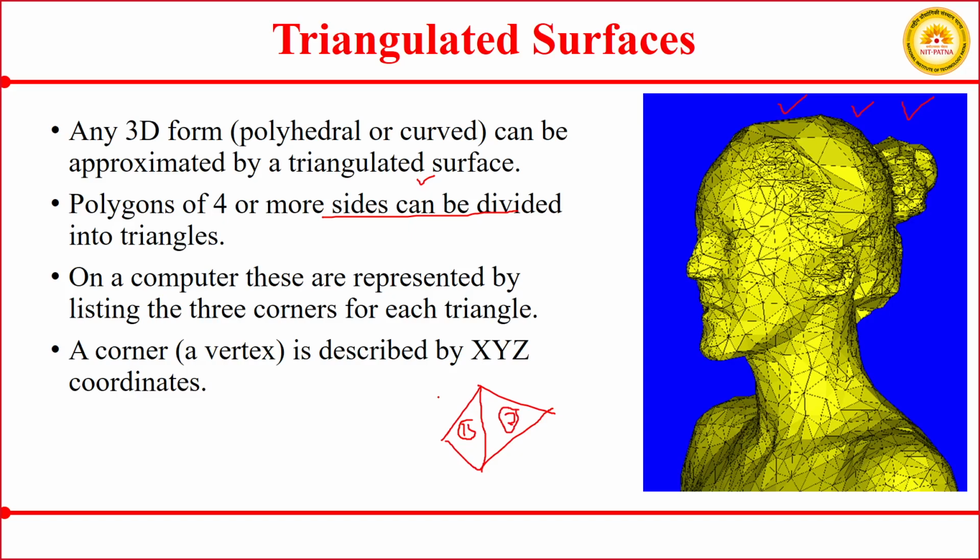The ultimate objective is to divide surfaces having more than three sides into triangles. Previously I tried a vertical line, you can try a horizontal line also, and you get triangle 1 and triangle 2.